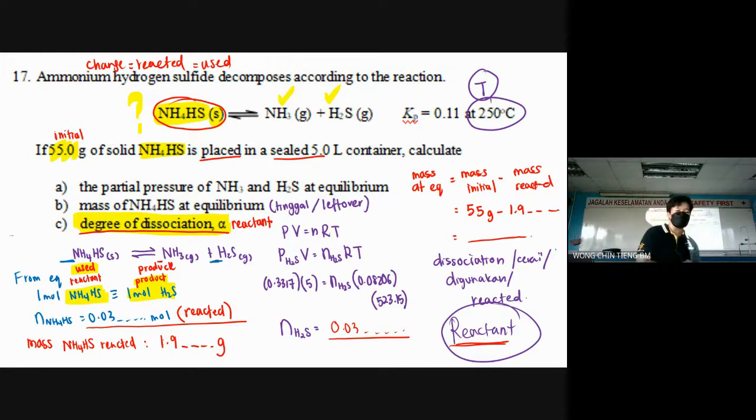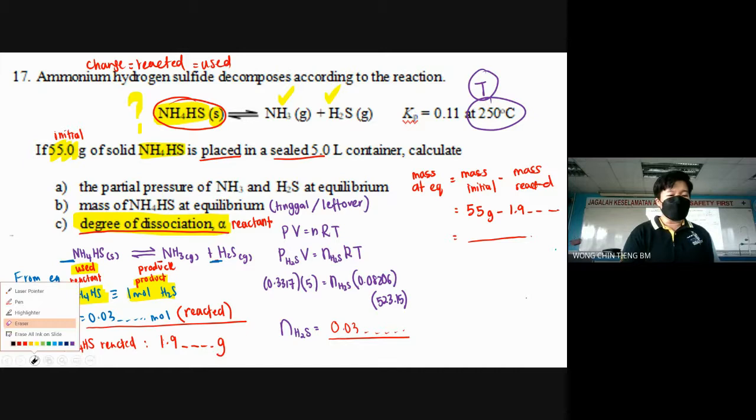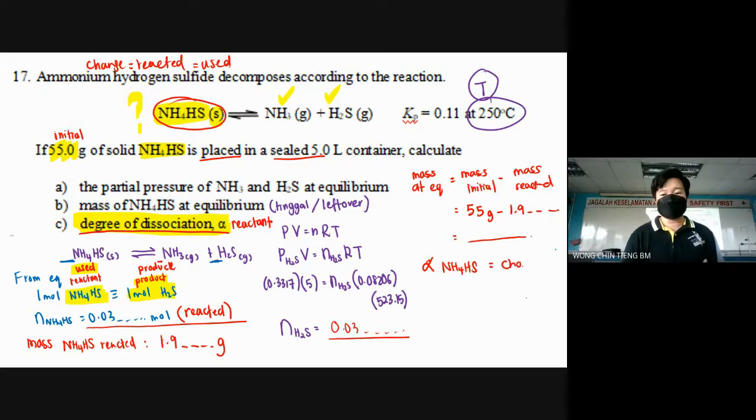And what is the formula of degree of dissociation? Dissociation like the word say is actually how much has been reacted, betul? Bila kita nak tahu how much has been reacted, dia senang je. Banyak mana yang digunakan bahagi dengan initial. So over here, degree of dissociation untuk NH4HS, formula adalah sentiasa change over initial.